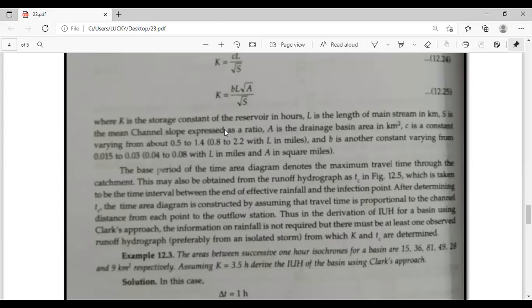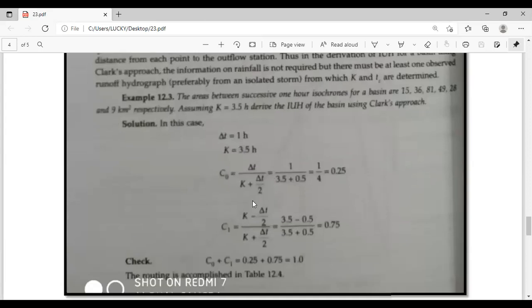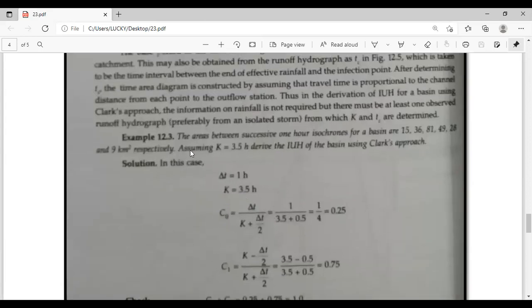So guys, here I will explain one example. The areas between successive 1 hour isochrones for a basin are 15, 36, 81, 49, 28, and 9 kilometers square respectively.